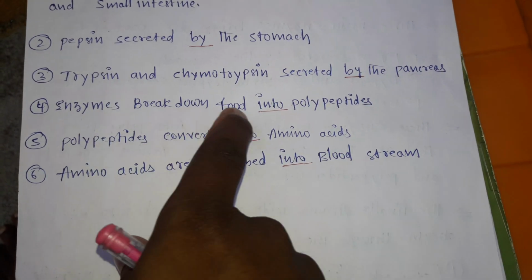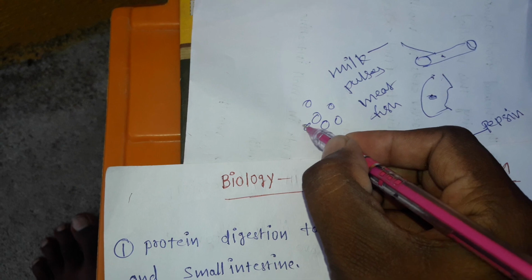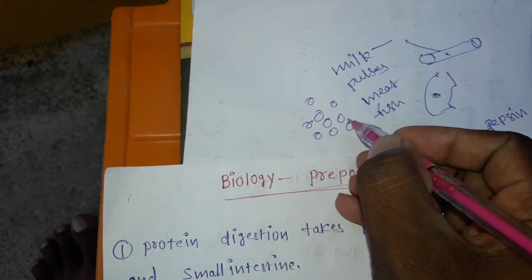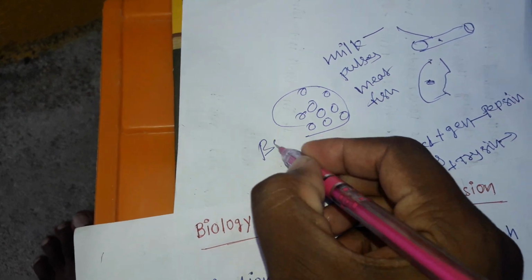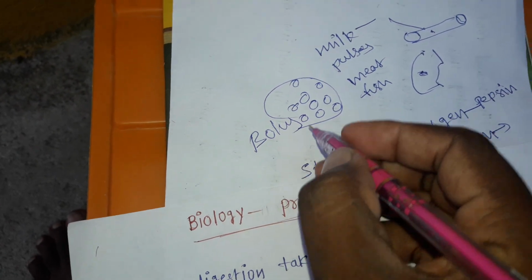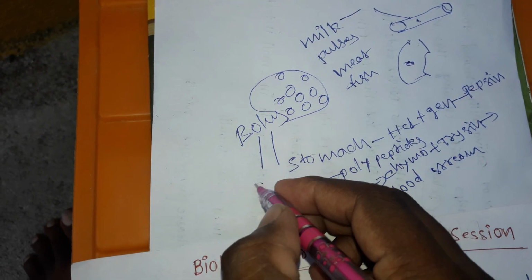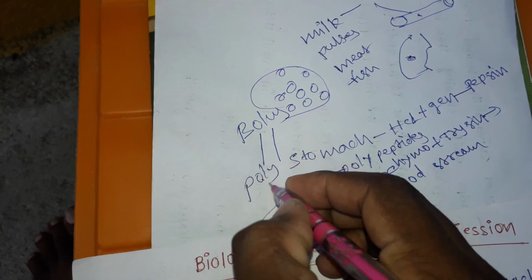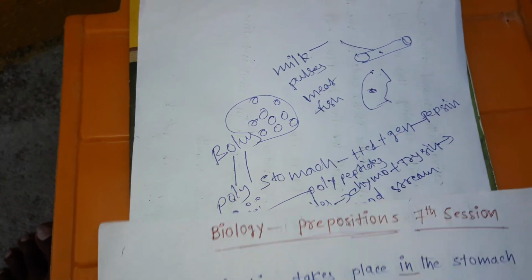Enzymes break down food into polypeptides. So these are the food materials which we are taking: chapati, roti, rice, or meat, fish. It comes as a bolus to the stomach. It is the first step. This bolus is converted into polypeptides, meaning very small particles, nanoparticles.